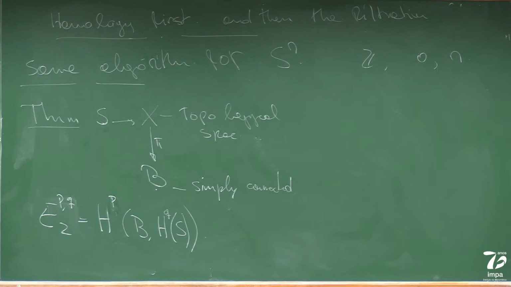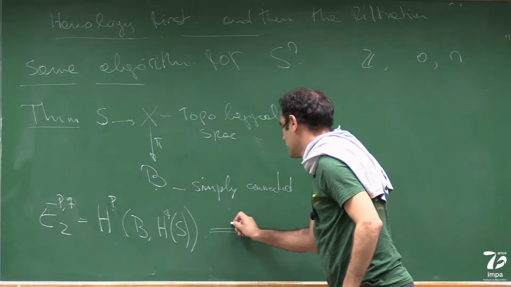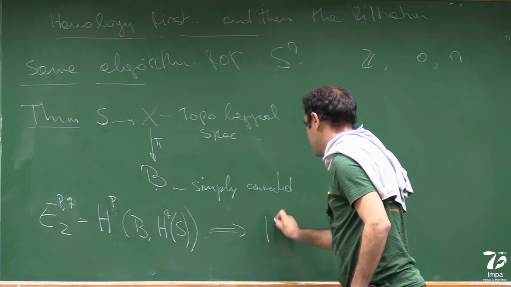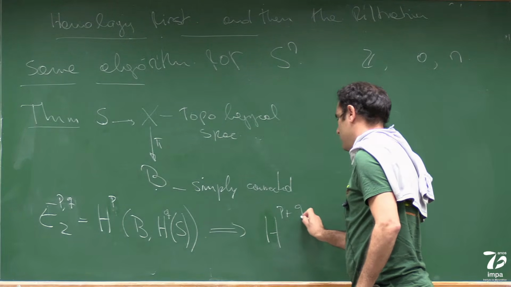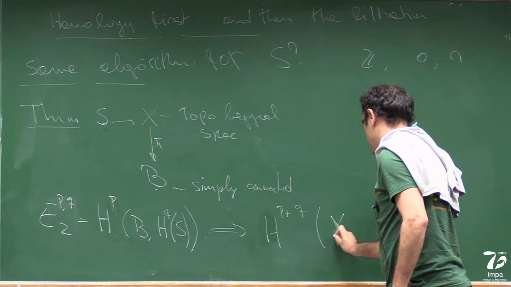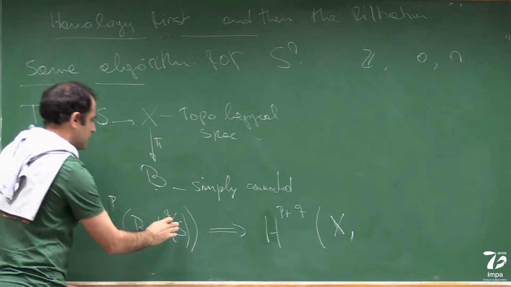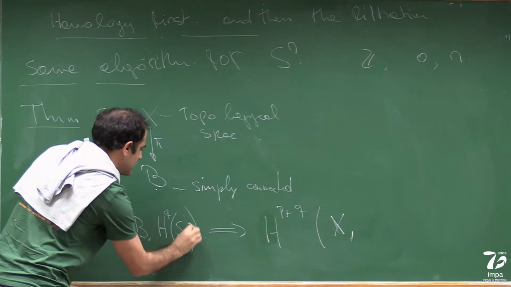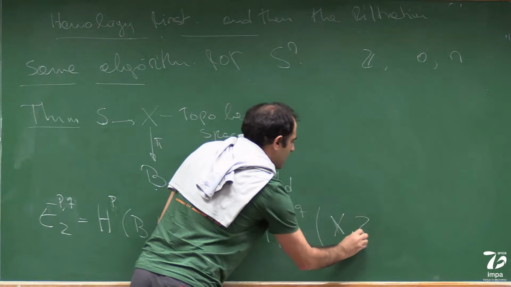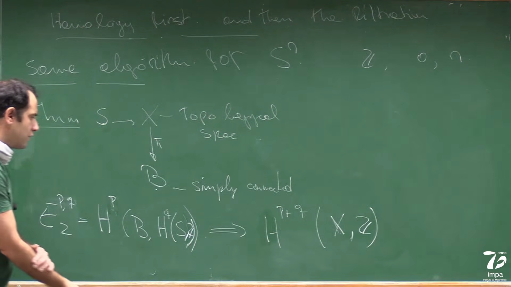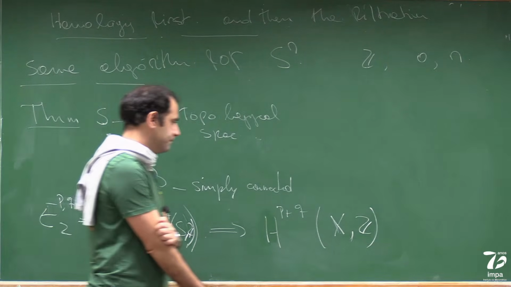And this converges to the homology of X. This is all over a ring, so for topological spaces, let's do this over Z. Replace Z by just your favorite ring, and it works.